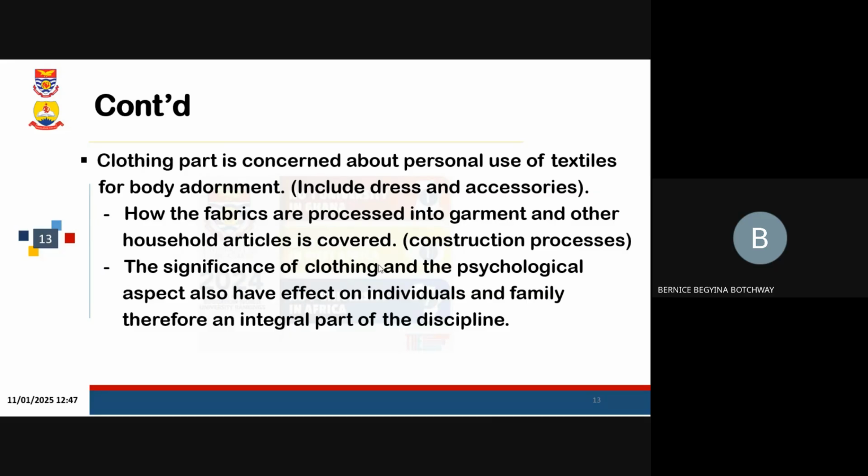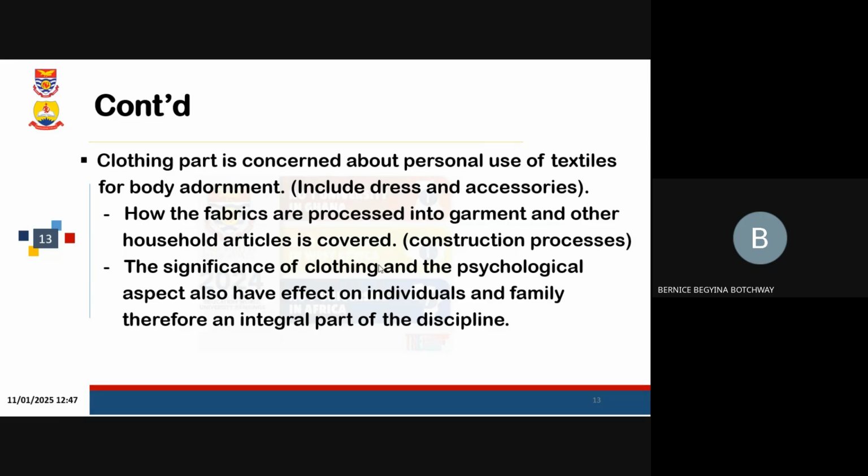And then how the fabrics are processed into garments and other household articles is covered. So this one talks about the construction process. Through clothing and textiles, you know how to cut various articles like garments, bed covers, napkins, all these trending designs, all these trending styles that you've seen with African prints, with lace, with all those different types of fabrics.